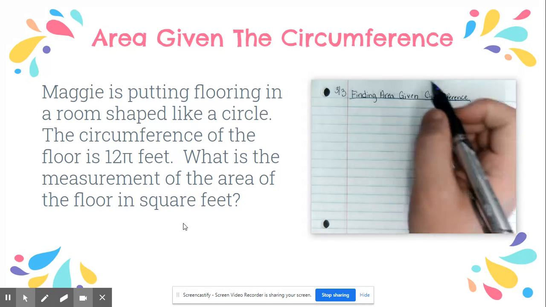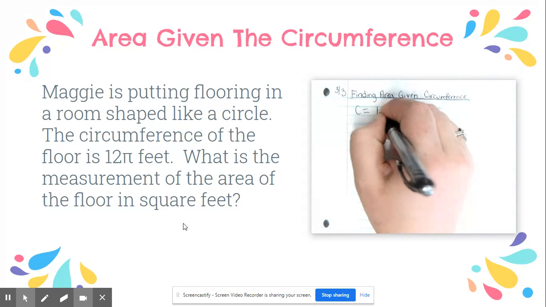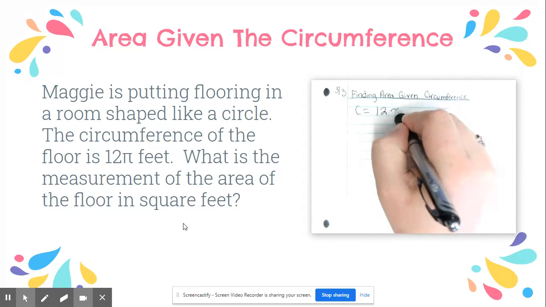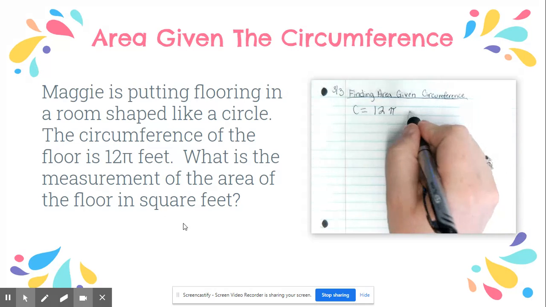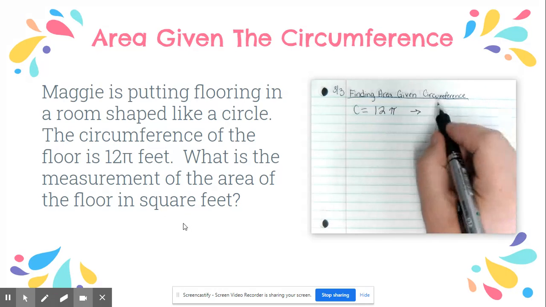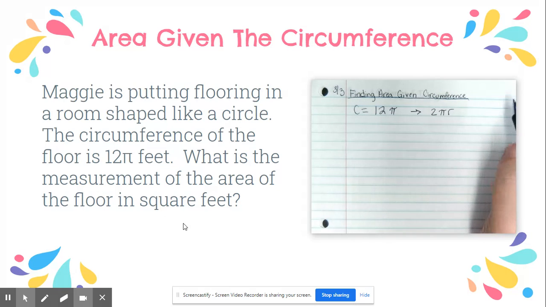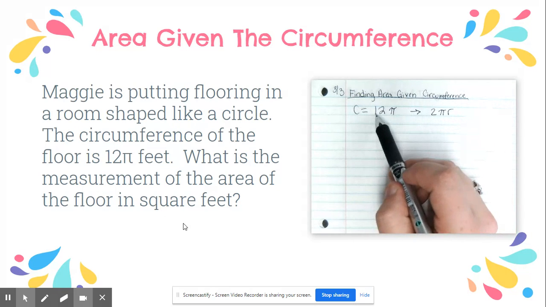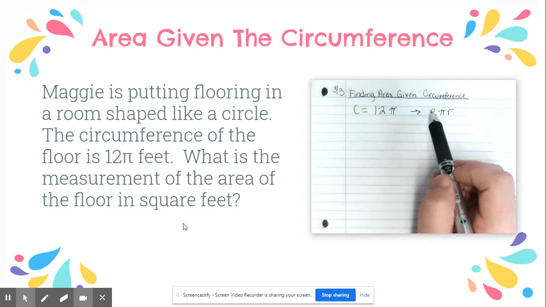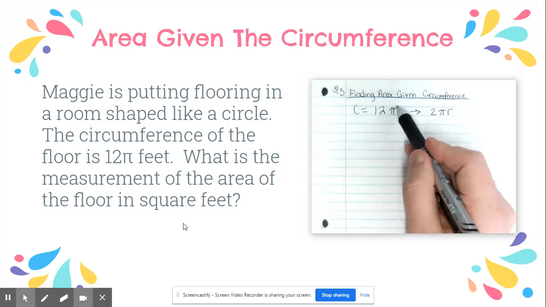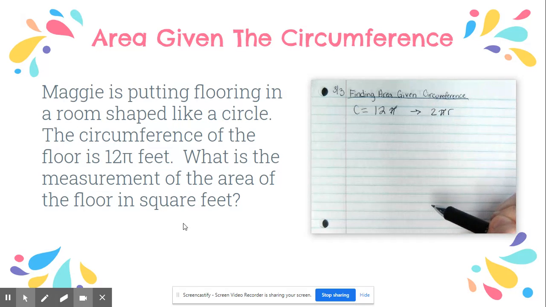If circumference is 12 pi, and 2 pi r is my circumference, then because I have pi here and pi here, those pi's cancel each other out.